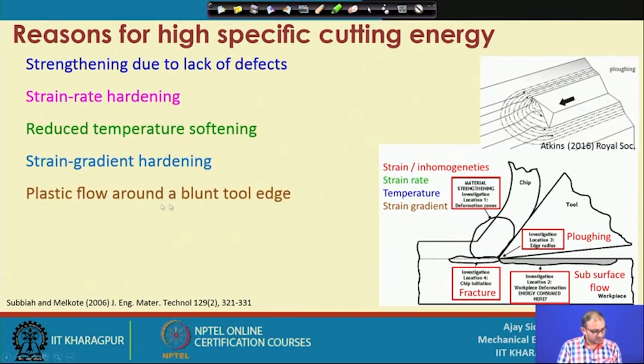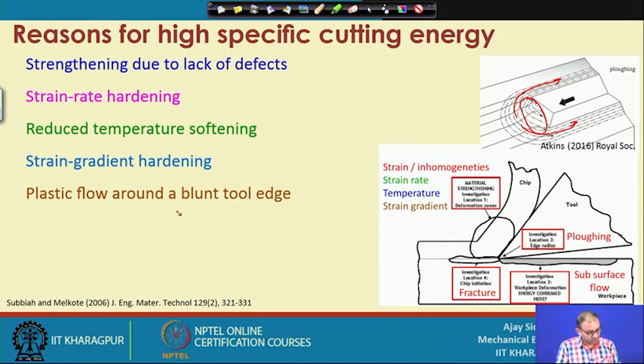Right. Plastic flow around blunt cutting tools. We have seen this diagram in previous lectures or slides. Here, material is deformed ahead of the tool, some material is transferred to the sides, and some material is accumulated on the rake face of the cutting tool.